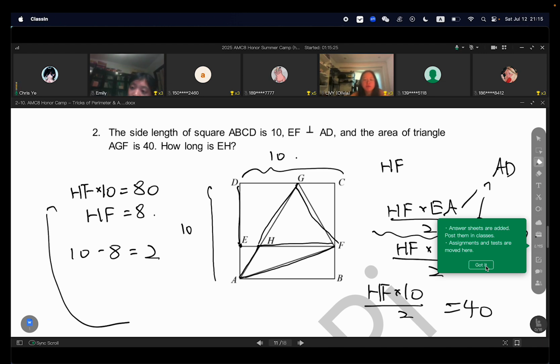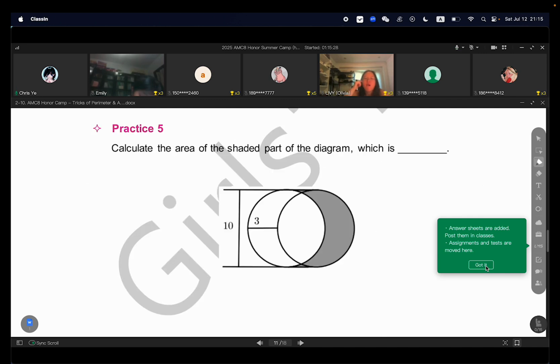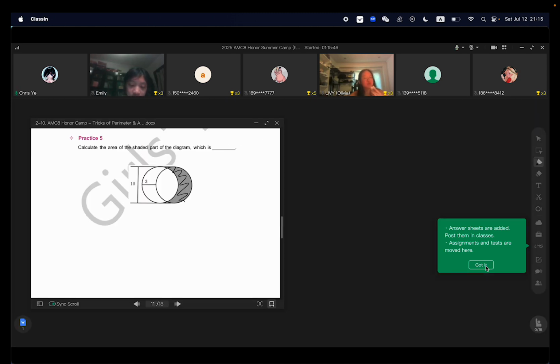Another practice problem for you guys. But this one is a little bit complicated, so I'll just explain it directly since we also don't have that much time left. Calculate the area of the shaded part of the diagram, which is this. As shown below, I'm going to separately draw it.